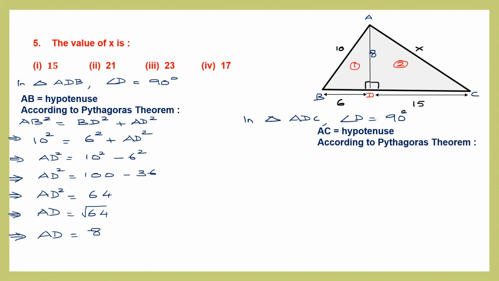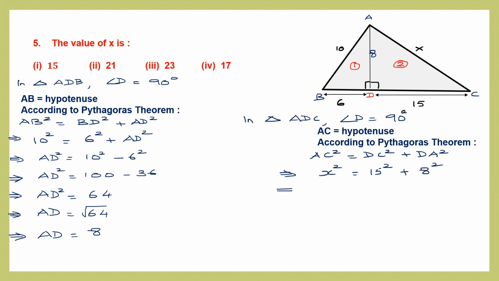So according to the Pythagoras theorem, the hypotenuse square, that is AC square, will be equal to DC square plus DA square. Now let's substitute. AC square, we don't know, it is x, so x square is equal to DC. DC is 15, so 15 square plus DA. DA is 8, 8 square.